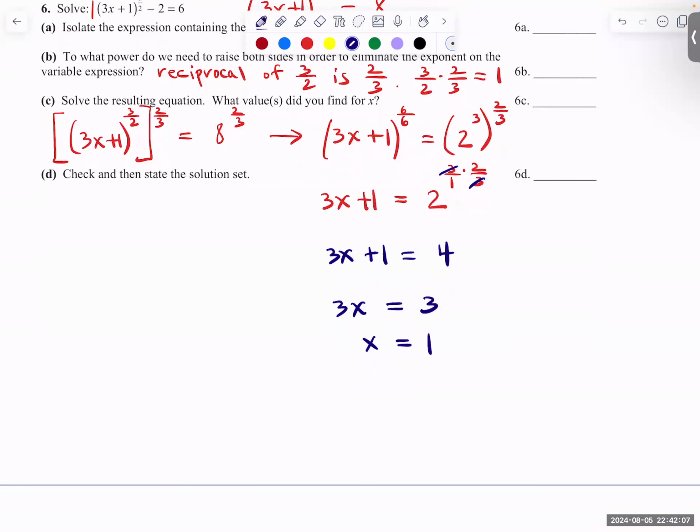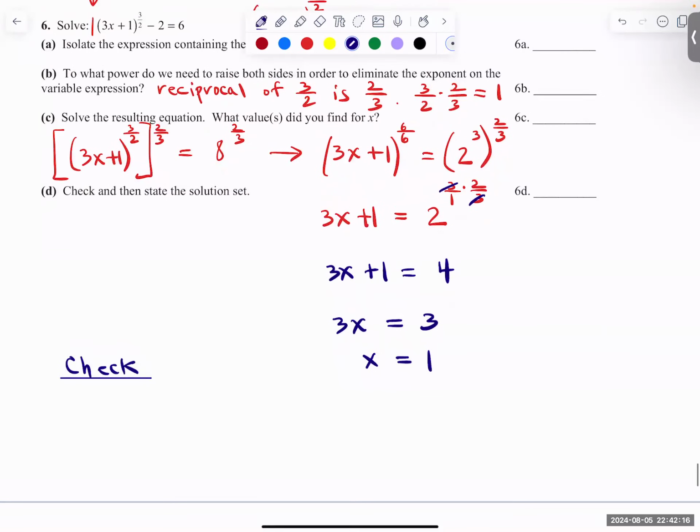Well, let's check this. Let's substitute 1 for x in the original statement. We have parenthesis 3 times 1 plus 1, quantity raised to the 3/2 power, then minus 2, does that equal 6?